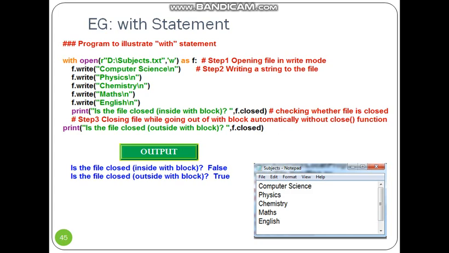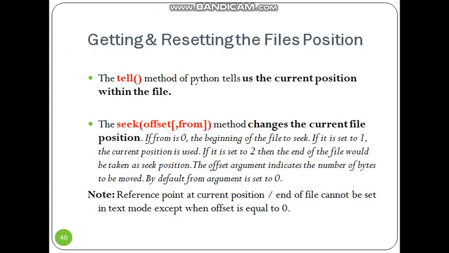Now let's see getting and setting the file pointer: how we can get the file pointer or file position, or how we can reset it. To get the position of the file pointer, we have the tell method.